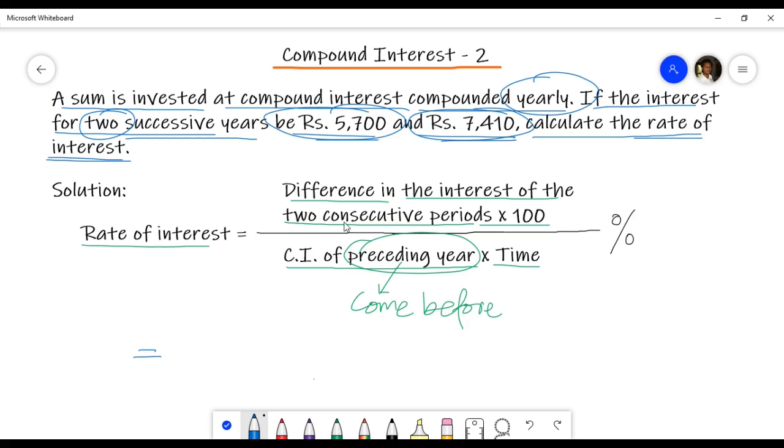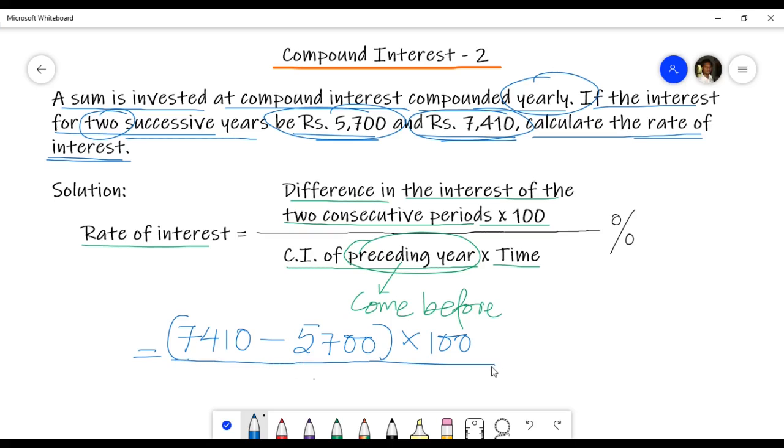Let us just substitute the values using this formula. The difference in the interest of the 2 consecutive periods will be 7,410 minus 5,700. We have to find the difference first, and we'll put that in brackets, into 100, divided by the compound interest of the preceding year and into time.